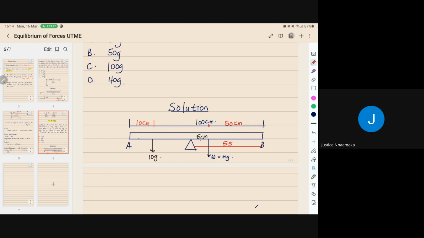And that means the perpendicular distance of that weight P to the fulcrum is going to be 40 centimeter.